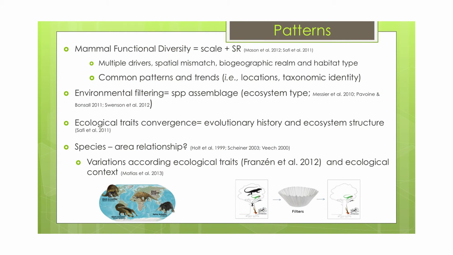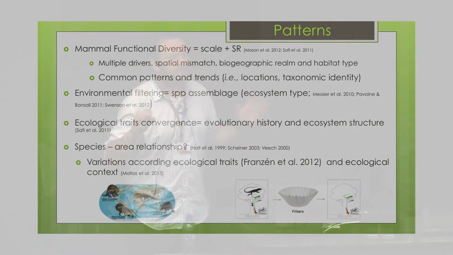Two main hypotheses arise from these patterns. The first one is environmental filtering, so how species assemblages are constructed, which can be one of the explanations for why we find these diversity patterns and this congruence. And then also ecological trait convergence, which means species with completely different evolutionary lineages play very similar roles in similar ecosystems in different locations.